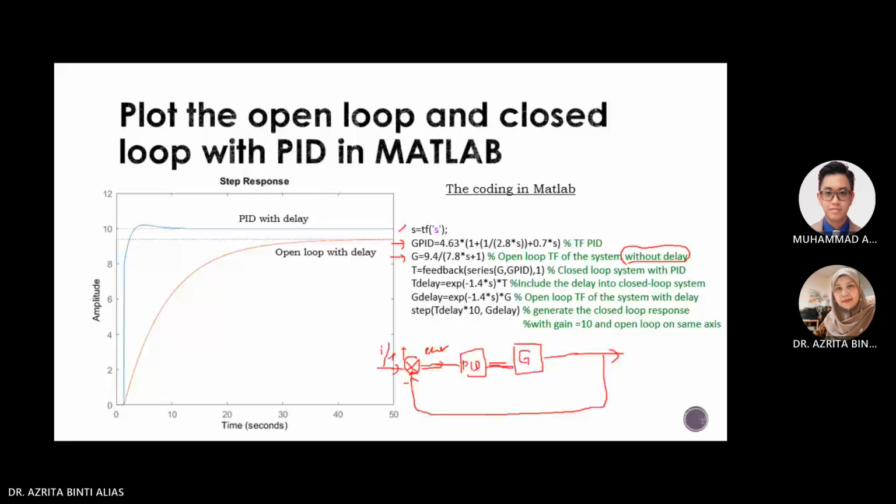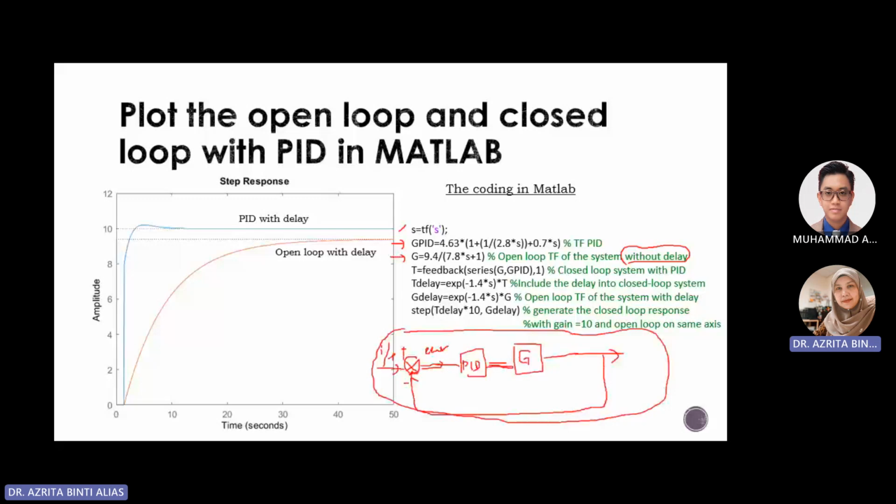So to find the output response of this system, we need to find the closed loop of this system, PID in series with the G. That's why in the coding here I combine series and feedback.